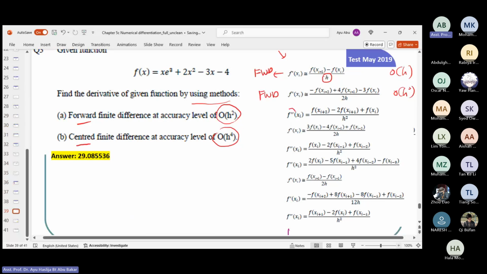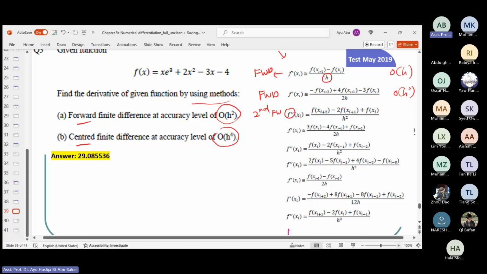This one, second derivative. Second forward. The formula will be arranged like this.